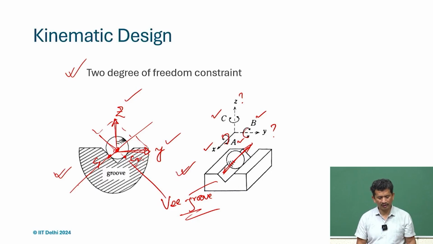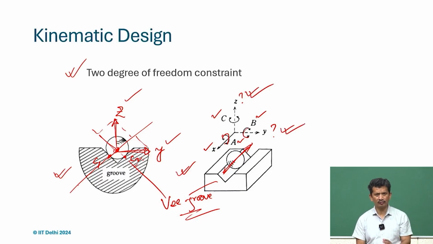These things have to be checked carefully, but again here 2 contacts means 2 constraints, and those 2 constraints are in this case y and z translations.